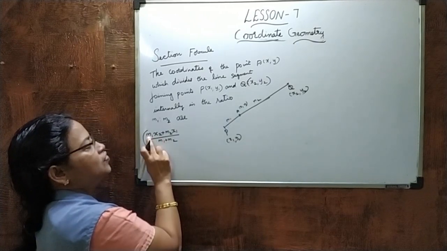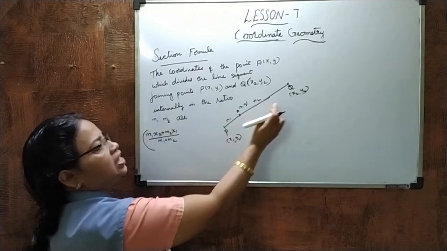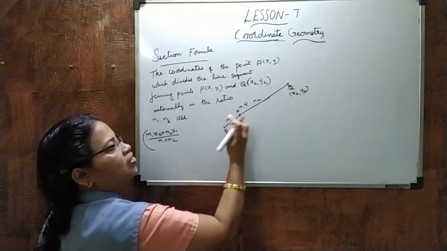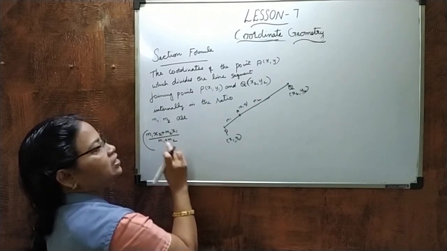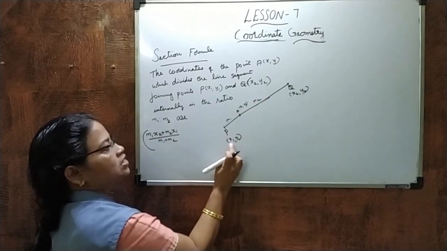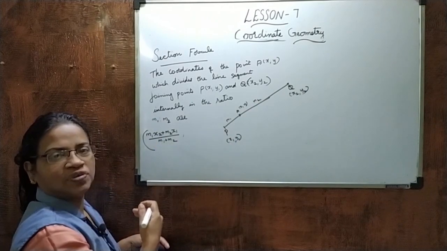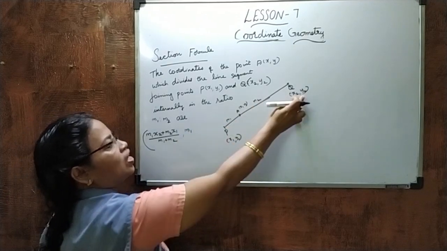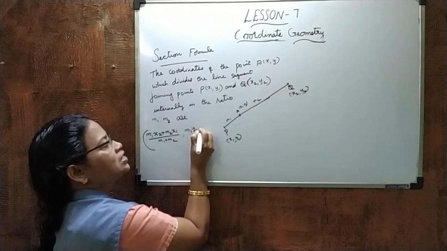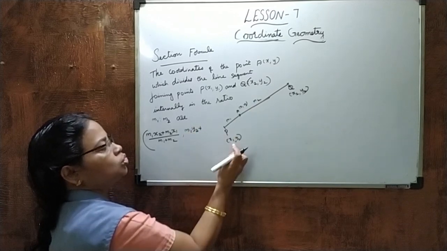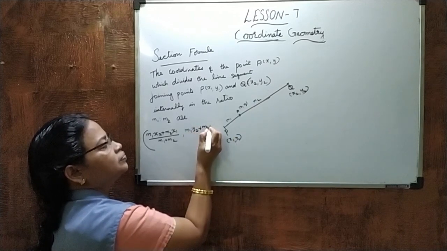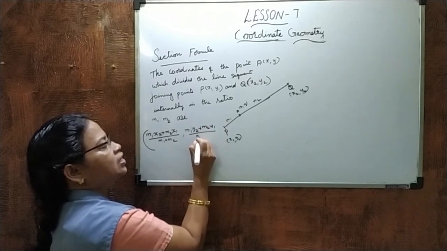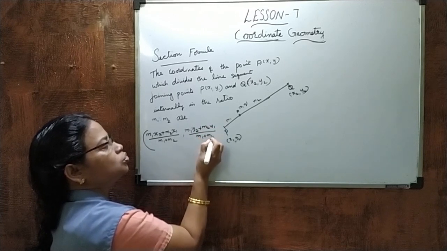First take m1 x2, plus then m2 x1. For the y coordinate, in the same way it is m1 y2 plus m2 y1, divided by m1 plus m2.